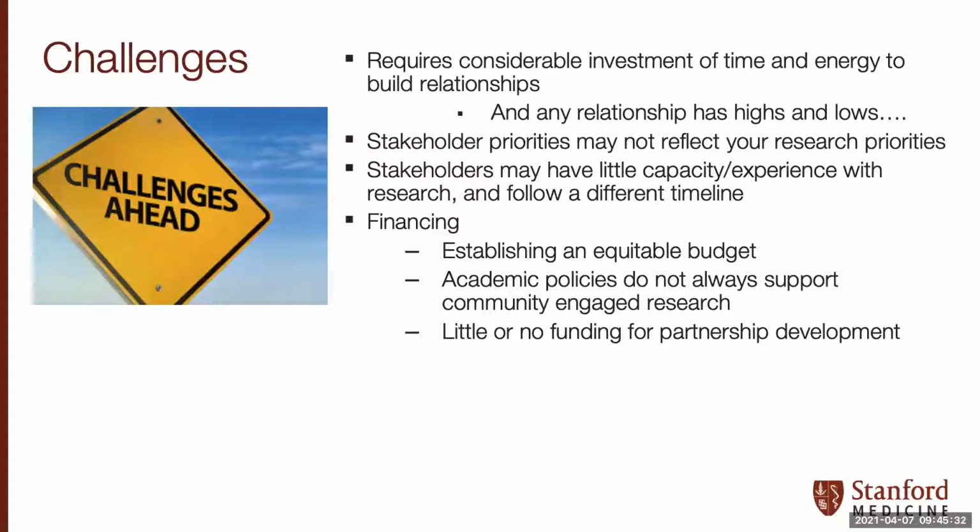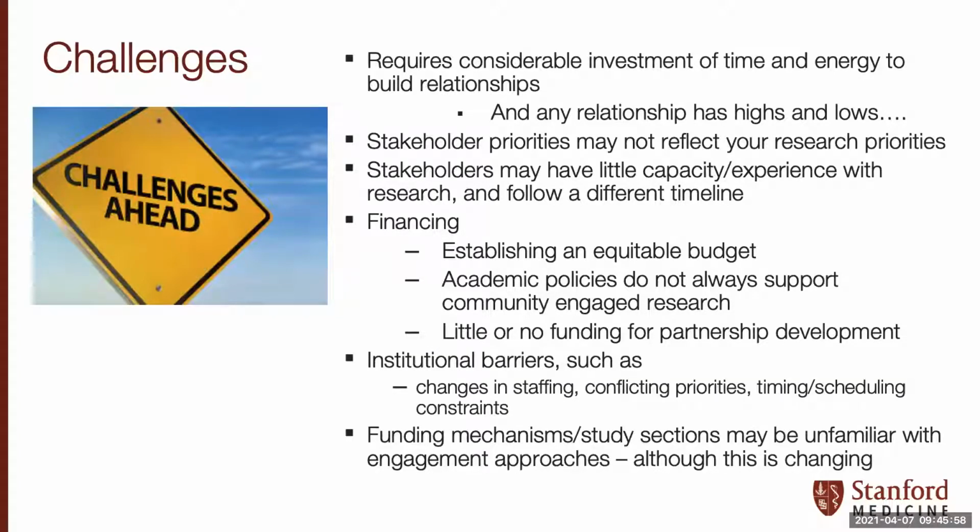You might be convening a CAB if you're doing something a bit more structured. So CAB, Community Advisory Board, it could be a patient advisory board, some other type of stakeholder advisory board. You might need some money for that compensation. You're establishing that relationship, but typically if it's not tied to a research study, it can be really hard to find funding for that.